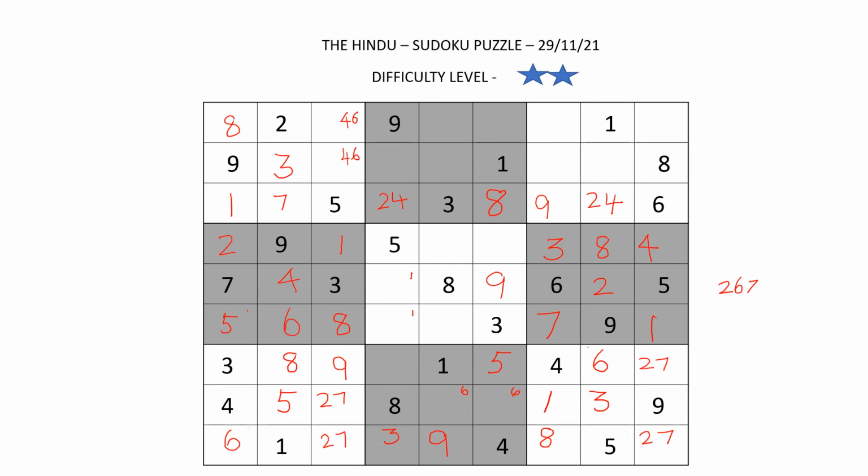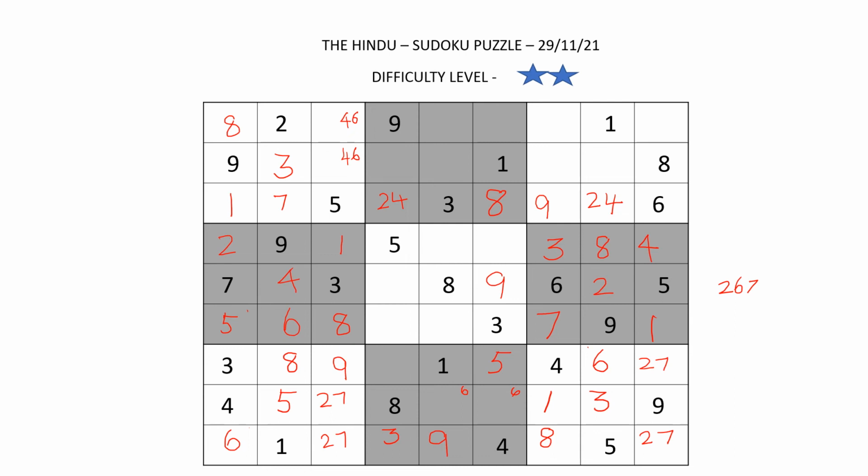Now consider this row. There are 2 numbers missing. So this 1 is actually cancelling out here. So that means this 1 is not there, and this becomes a 1. So there are 2 cells missing here.